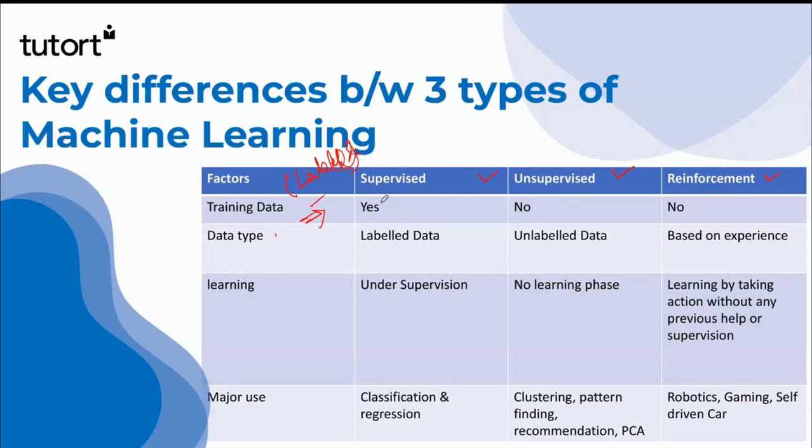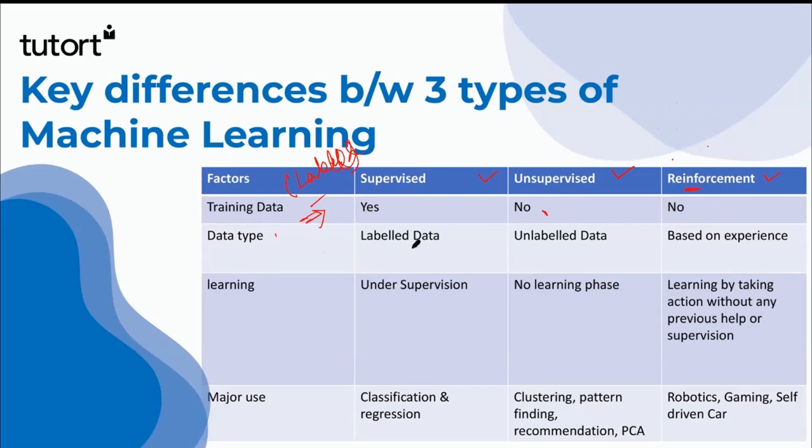But do we have labeled data under unsupervised? No, we don't. Do we have labeled data under reinforcement learning? No. The agent is exploring the environment and getting rewards. That is a kind of training, but we don't have previous examples for it, so we don't have labeled training data for this.